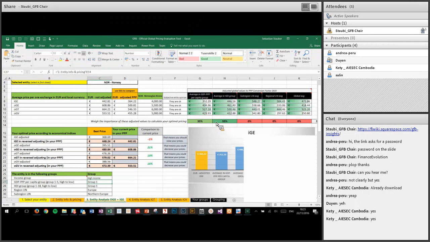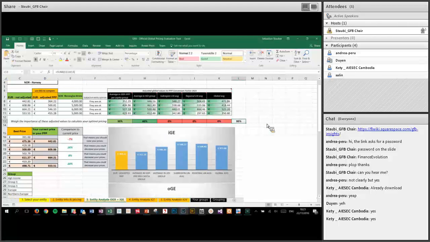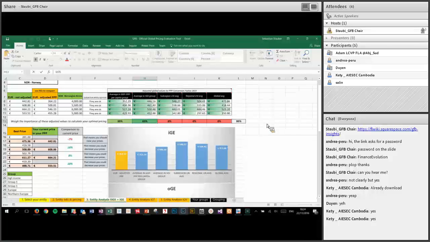Therefore we set 55%. This should be okay, let's make it 60. Okay, we now have 95%, so you need to come up to 100%. So that means 65, or let's say we have here 40%. So we're 60-40.